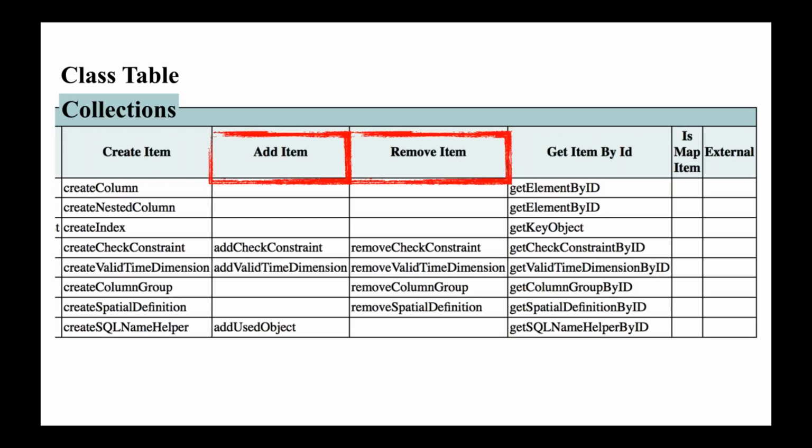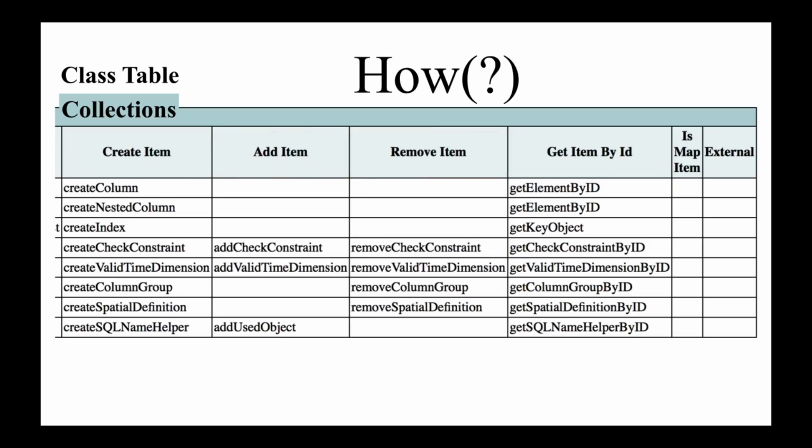Additionally, there are typically ways to add items or remove items from these collections. The problem is that this is really the only documentation of any of these methods that I've found.